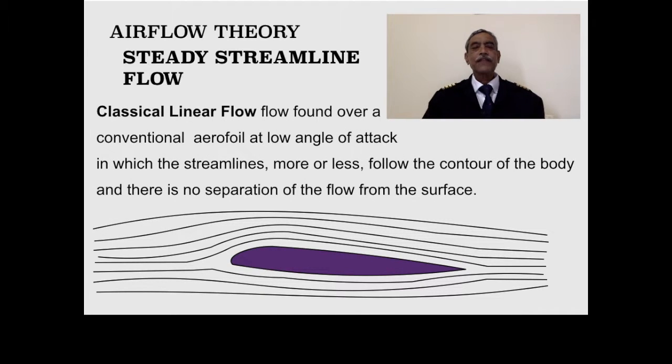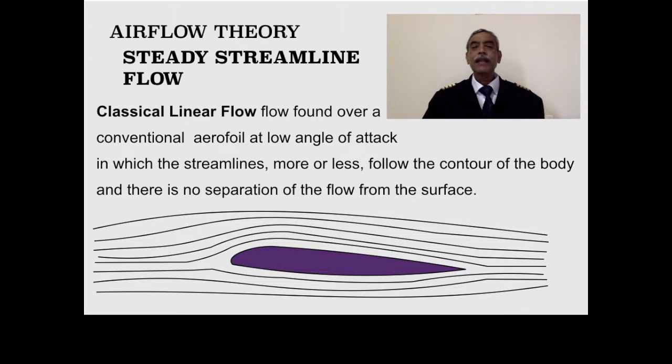Okay, next definition is classic linear flow. This is the basic flow pattern which we will encounter in our studies, and classic linear flow is found over a conventional aerofoil at low angles of attack, in which the streamlines more or less follow the contour of the body, and there is no separation.